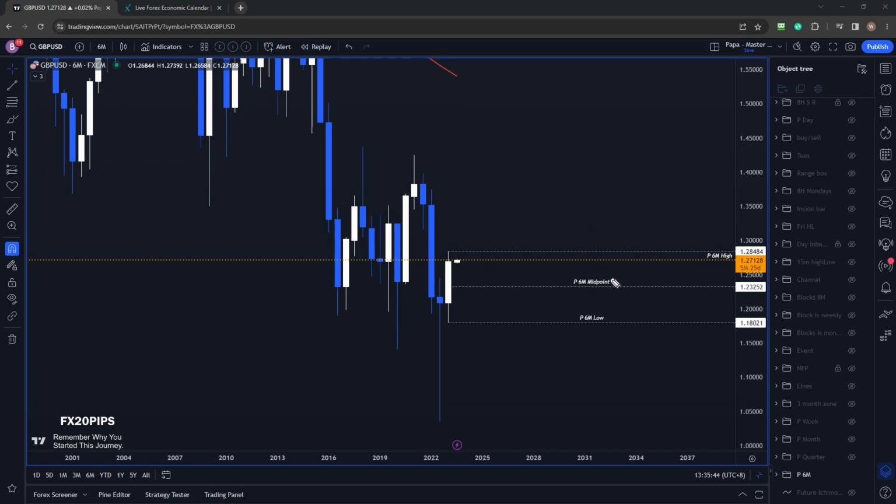So what I will do is keep this on the chart, because if it was to come down, I would expect it to retrace 50% of the previous candle and nothing more. That's my personal view.